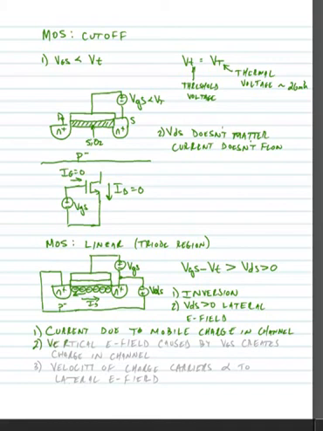The vertical E field caused by the gate to source voltage is what creates that charge. And the velocity of the electrons that are moving in the channel in the case of the NMOS are proportional to the lateral electric field.